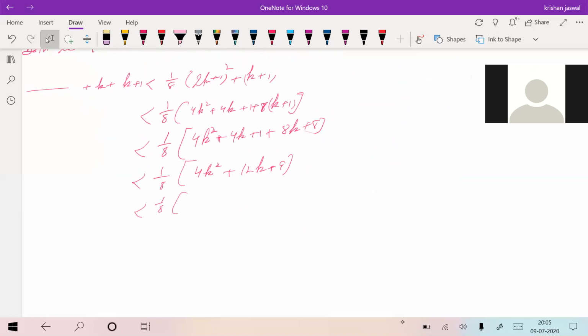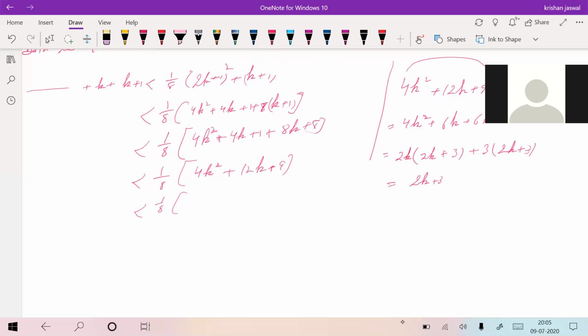We can make its factors. 4k square plus 12k plus 9: 9 times 4 is 36, so split 12k as 6k plus 6k. 4k square plus 6k plus 6k plus 9, and 2k is common, 3 is common. So 2k plus 3 whole square.